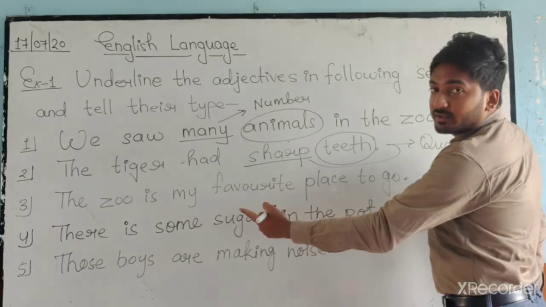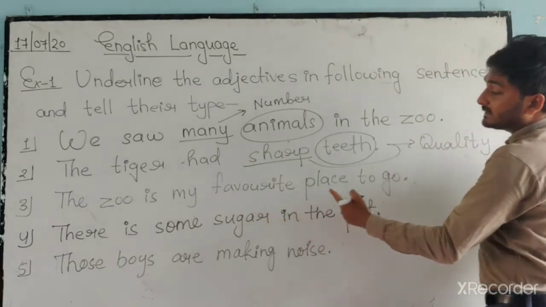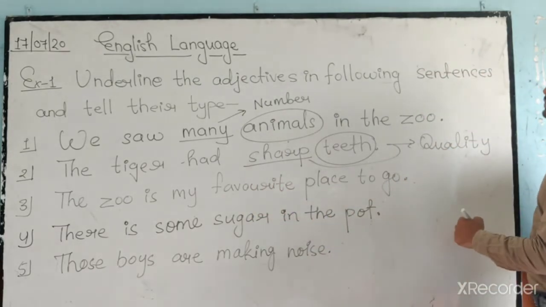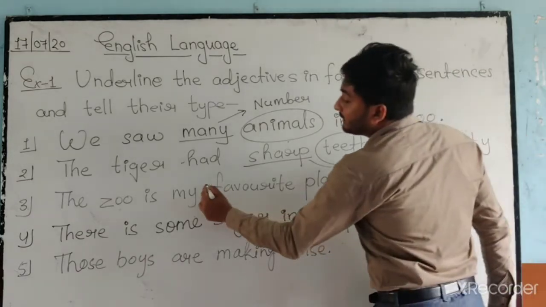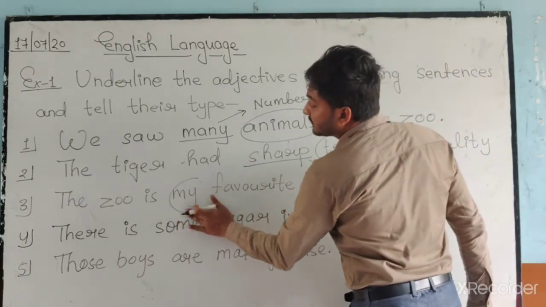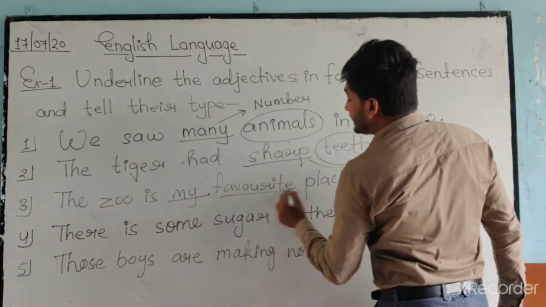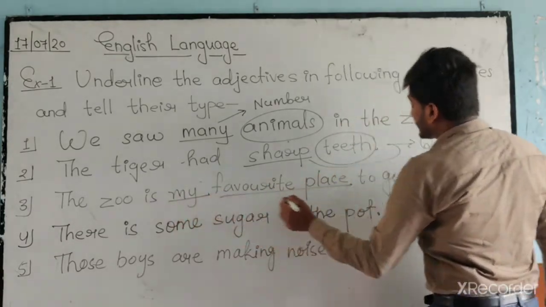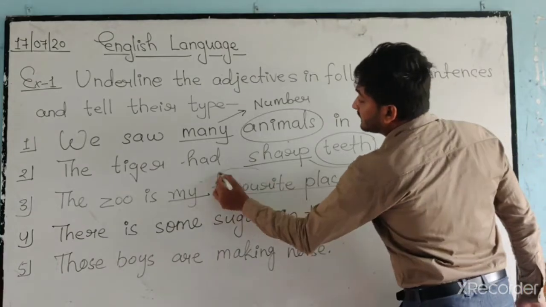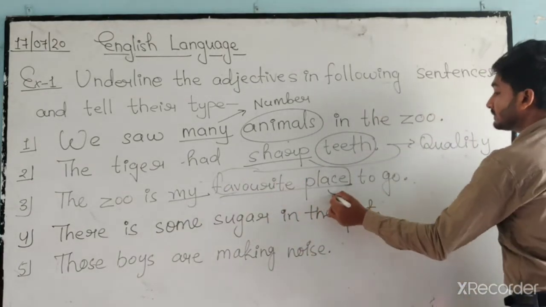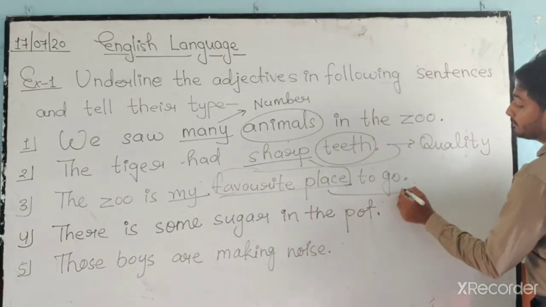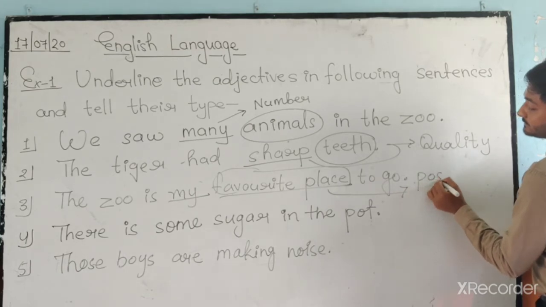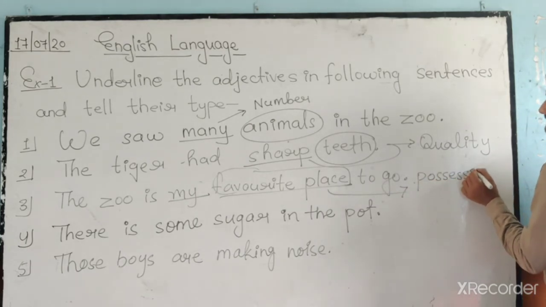Number 3, the zoo is my favorite place to go. My favorite place to go. That means it's my and favorite place. For favorite place we have used my. That means my is a possessive pronoun.